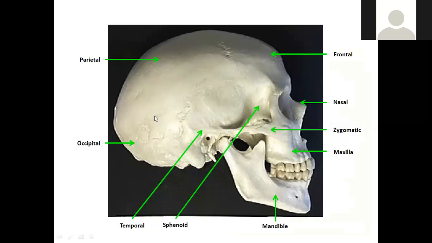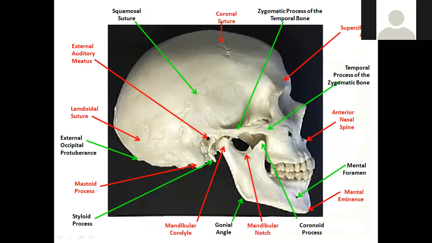So in different forms of the skull you are finding frontal, parietal, occipital, temporal, sphenoid, mandible, maxilla, zygomatic, nasal. Okay. The sutures, everything I have already shown you. This is a new word: at the opening of the nostril area, you will find one projected pointed area, which you call the anterior nasal spine.